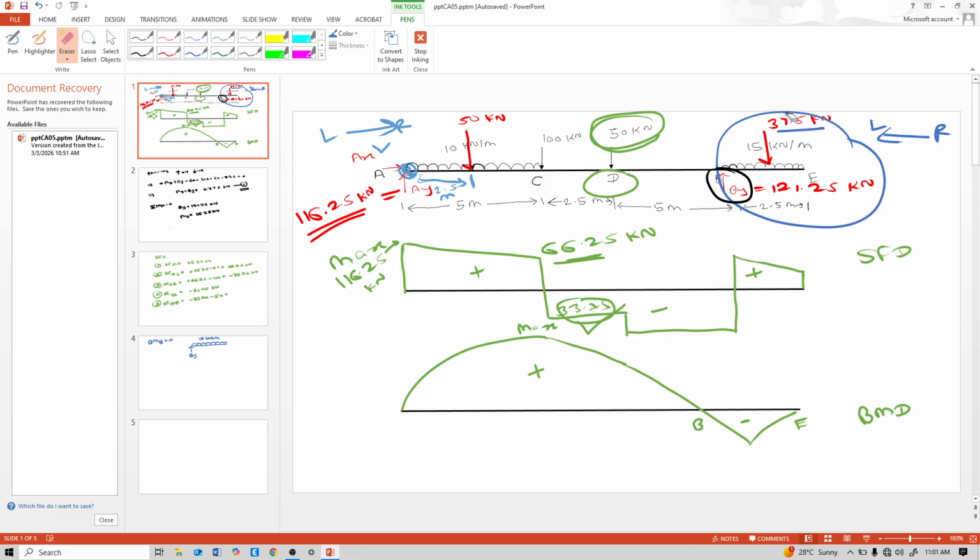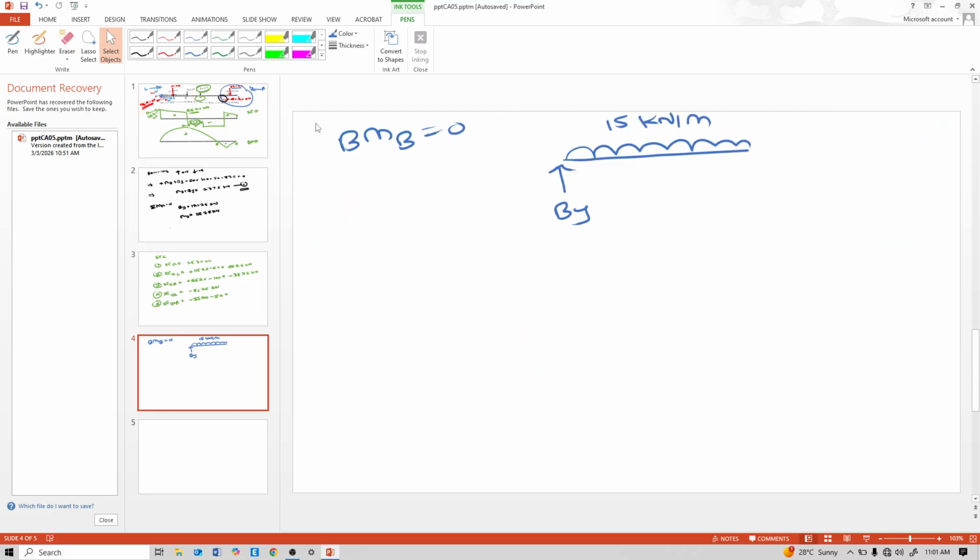So right to left, we will calculate moment. When you calculate moment from right to left, if moment comes positive, then change the sign of that moment. If moment comes negative, then change the sign. So we will consider the positive sign convention.